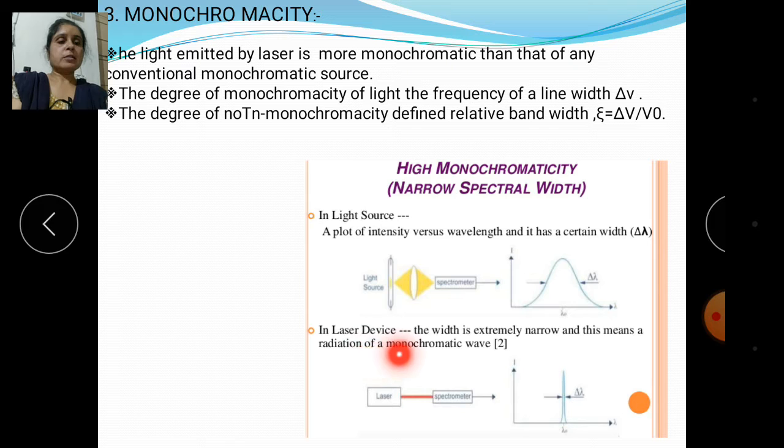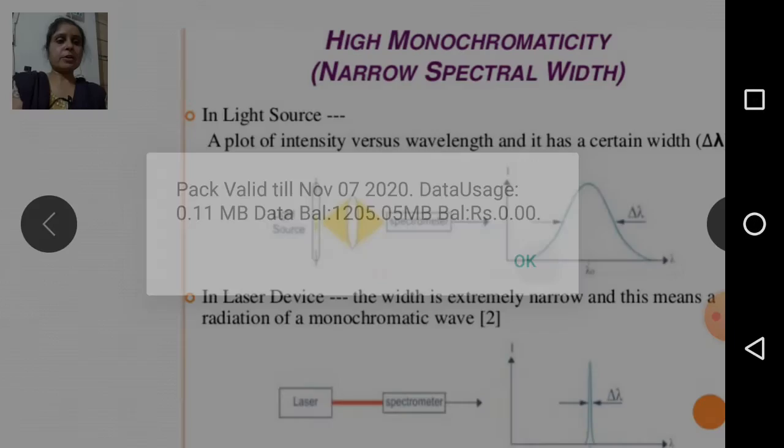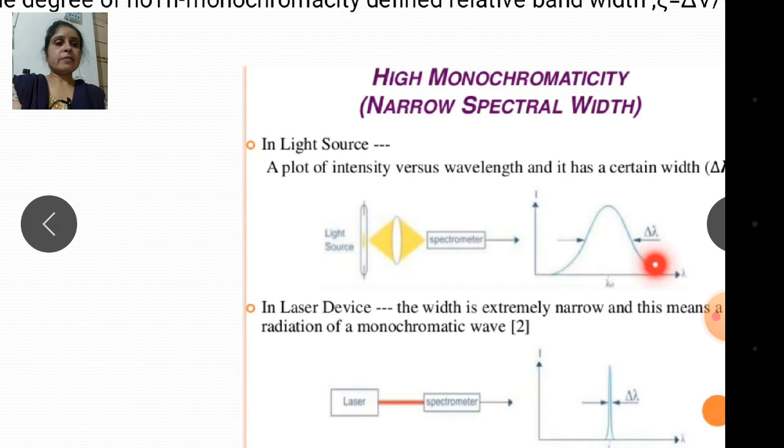In a laser device the width is extremely narrow compared to the radiation of a monochromatic source. For laser light in a spectrometer, a very narrow beam of light is produced, with high intensity and a very thin, narrow spectral width.